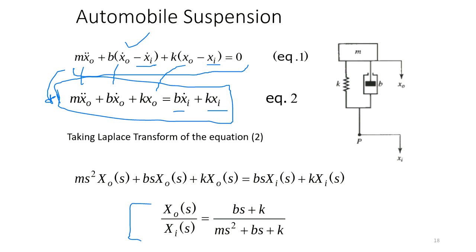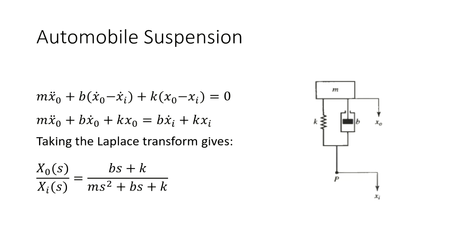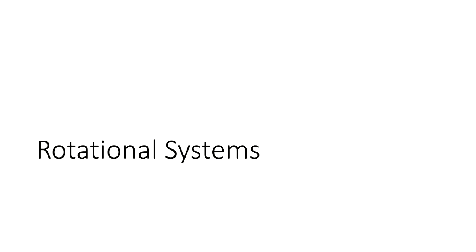So this is the input, this is the output. That is why we have output over input. Right, so this is it for translational systems.